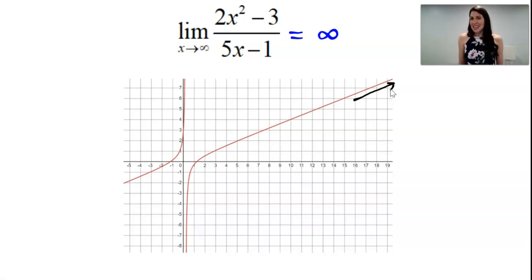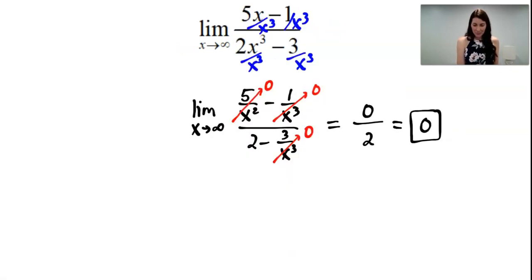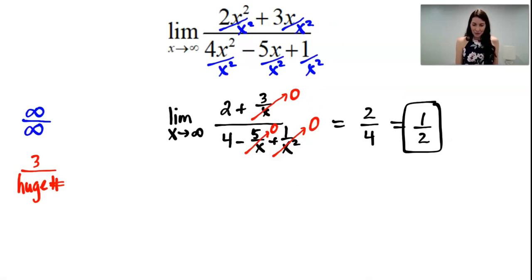So in summary, I want to look at a little shortcut we may have noticed and we may use. Let's go back to the very first example. In the first example, look at our degrees. The degree in the numerator was equal to the degree in the denominator. When that happens, the limit is equal to the ratio of the leading coefficients, or 2 divided by 4.